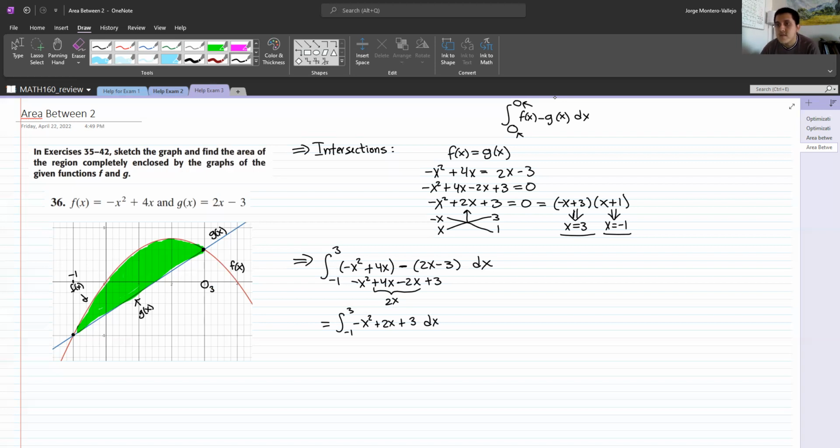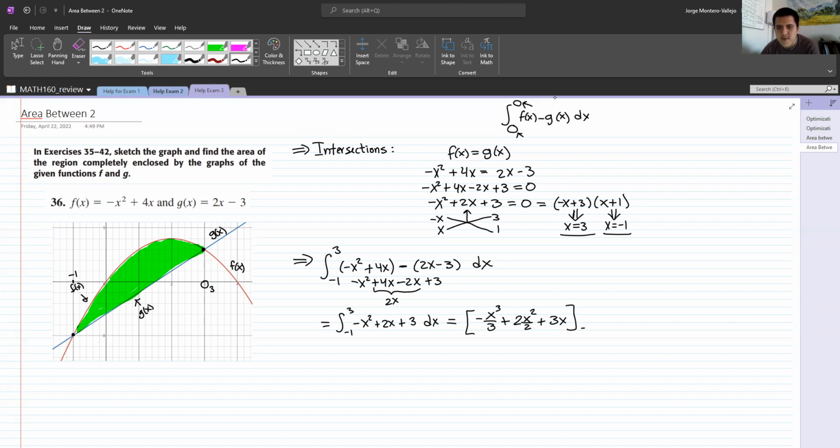Okay, we're integrating a polynomial. That should be super straightforward, right? So let's do that. Minus x squared turns into minus x cubed divided by 3. And then the 2x, well, the 2 you can disregard. It's just a constant multiplying, and the x becomes x squared divided by 2. And for the plus 3, that's just 3x, right? You tag on an x.